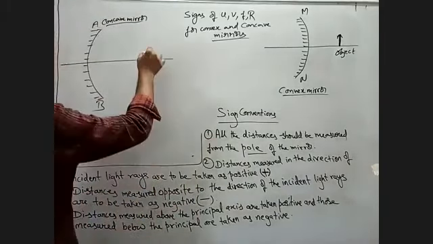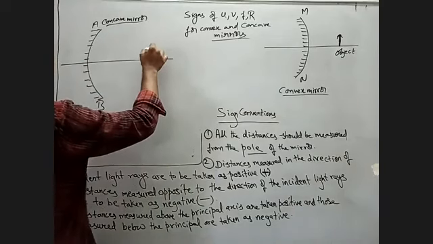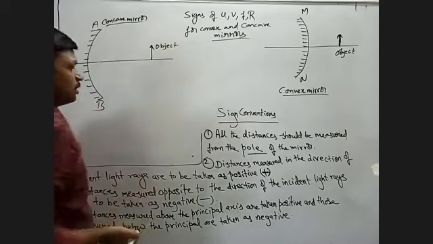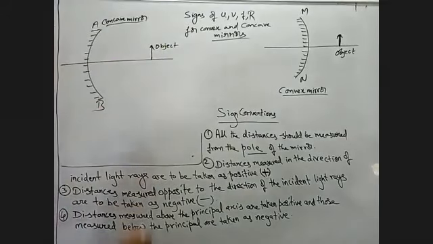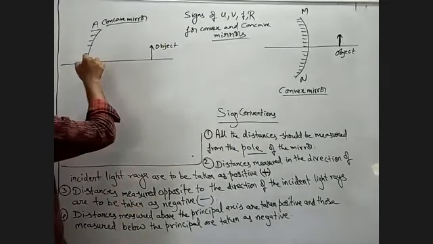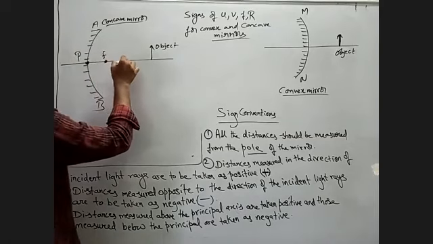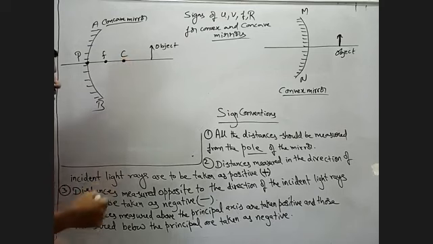So now here we keep an object, an extended object. This is the object. And now if you calculate, see, this is the pole, this is the focus, this is the center of curvature.